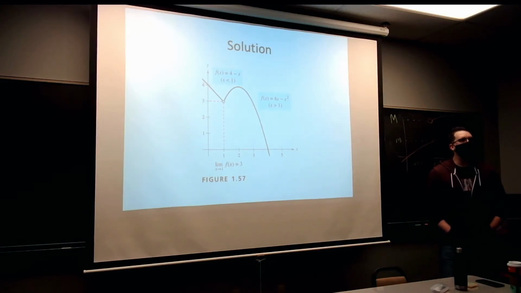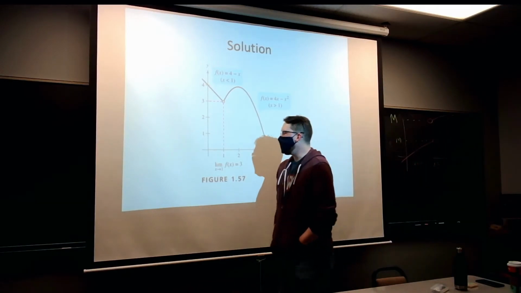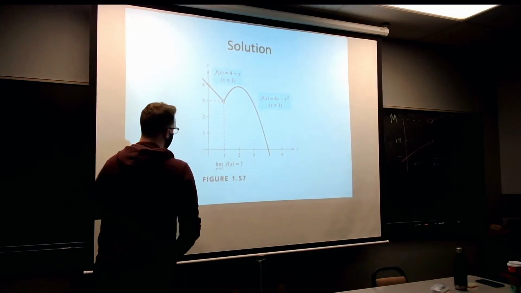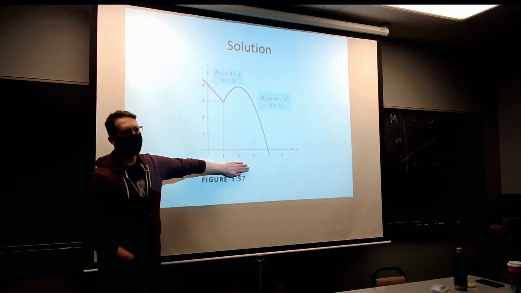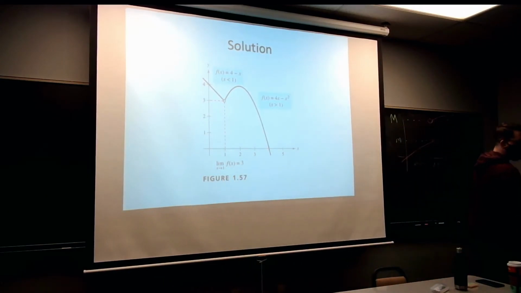This is what the graph looks like. Looking at this graph, what do you think the limit's going to be? The limit's going to be 3.